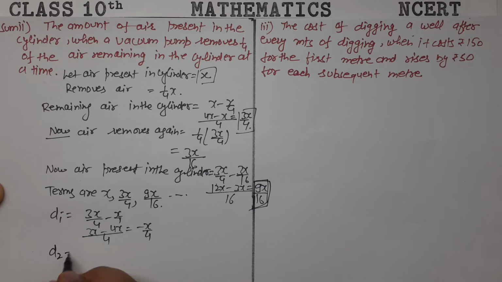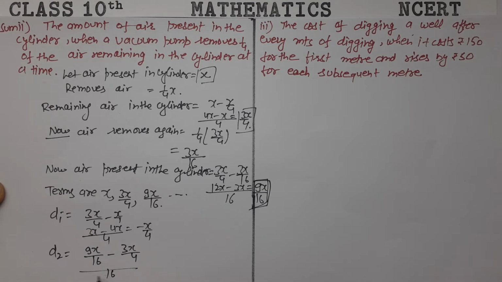Next D, 9x by 16 minus 3x by 4, we have minus 3x by 16. Here D is not the same. That's why the given situation does not form an AP.